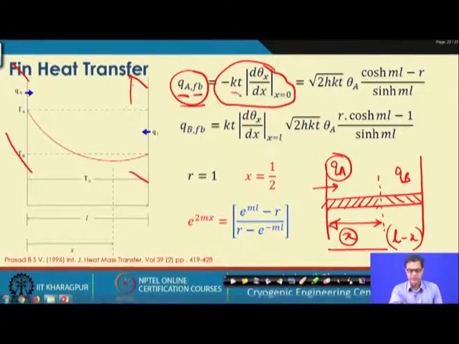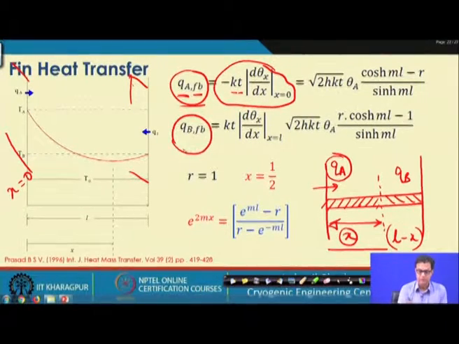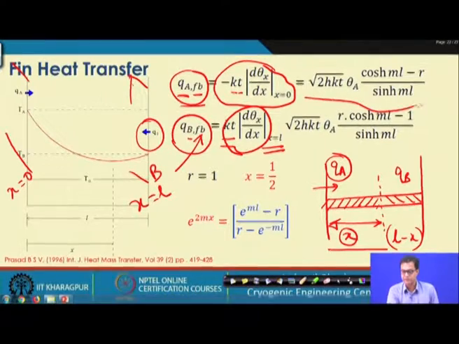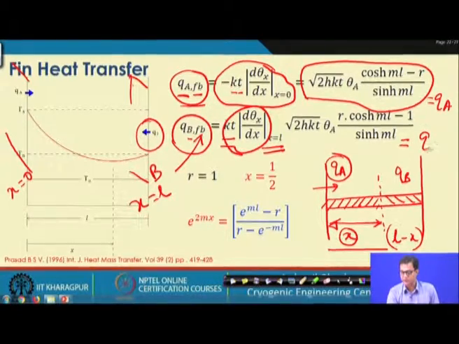So, this is k T into d theta x dx at the location x equals 0, and we can try to find out this Q B at the fin base of B, and we designate it as Q B fin base, that is why F B, and that is similar to k T d theta dx at x equals L. So, this is x equals L. So, here exactly we will find that this expression is nothing but the expression Q A, and this expression is nothing but Q B. But why did we do that?